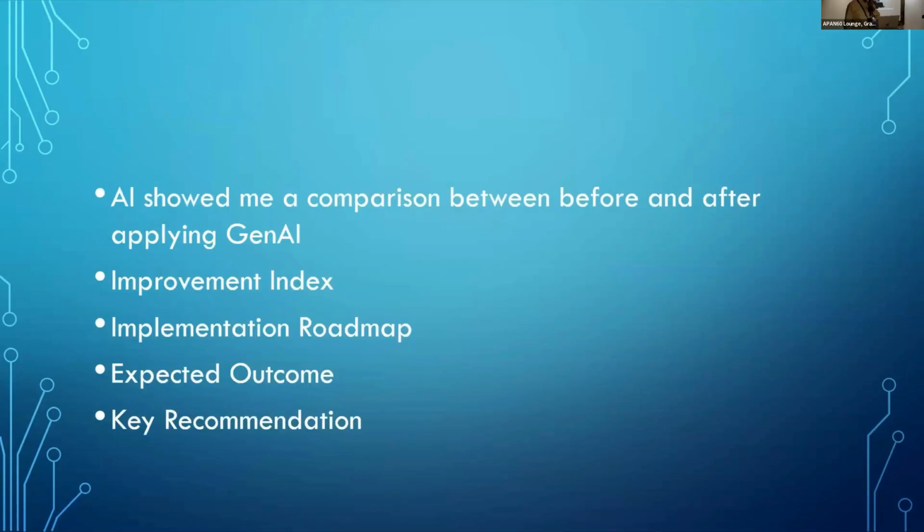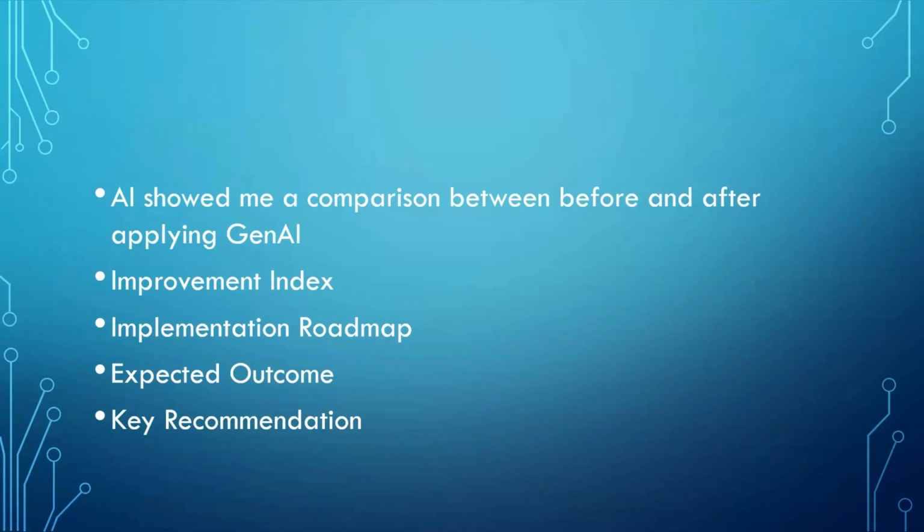With the scope narrowed to the IT help desk, AI showed me a comparison between before and after applying Gen AI. It shows certain statistics of my efficiency before and after the implementation of Gen AI, which I am not able to show you right at this moment.